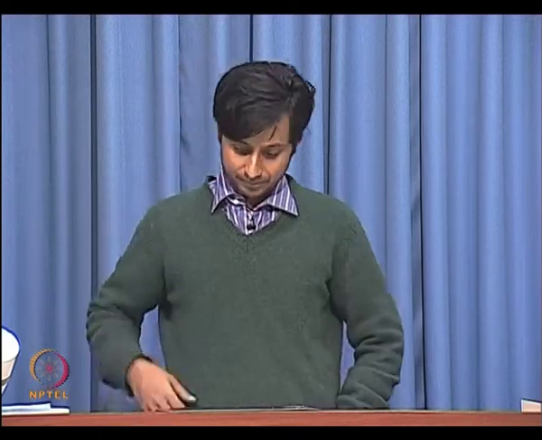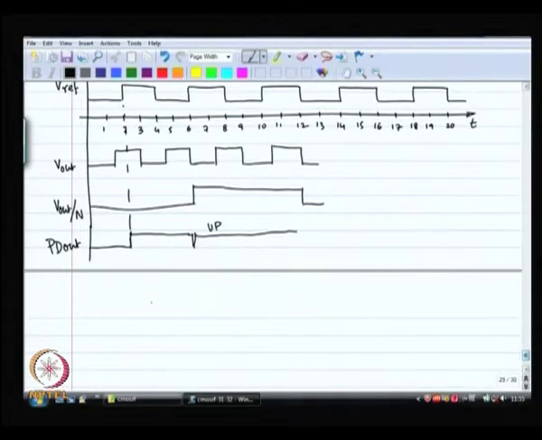Now, if the control voltage increases, supposing the VCO responds to the control voltage in the correct direction, if it does not, then we have a problem, we have to invert the signs. So, the control voltage increases, and as a result the output of the VCO increases in terms of frequency.